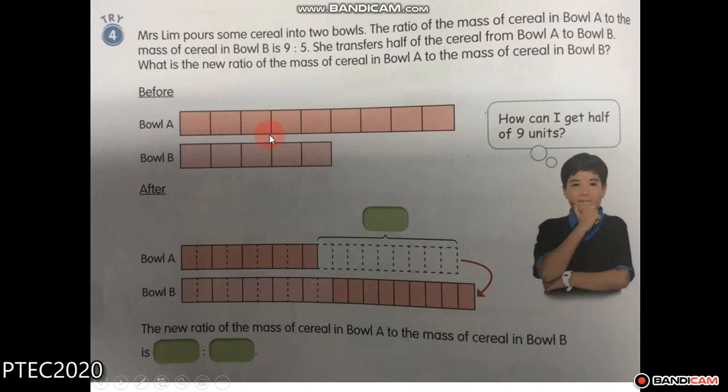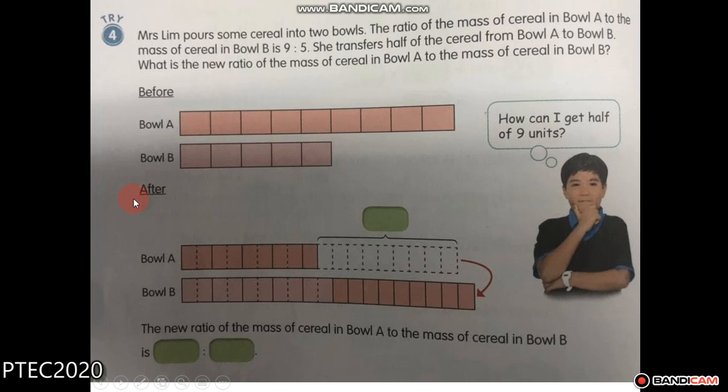So now if I cut one unit into two, then bowl A has 9 units, each unit cut into two equal parts. So totally there will be 18 units, right? And at the same time, bowl B you have to cut into two equal parts as well. So 5 units, when you cut into two equal parts, will be 10.